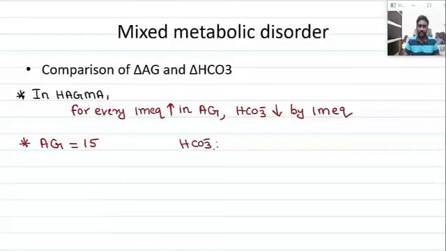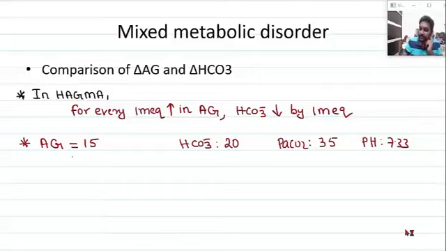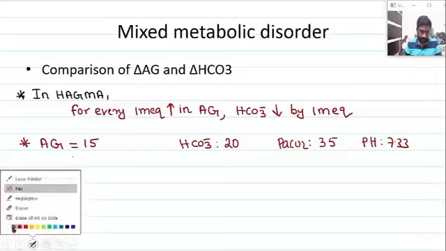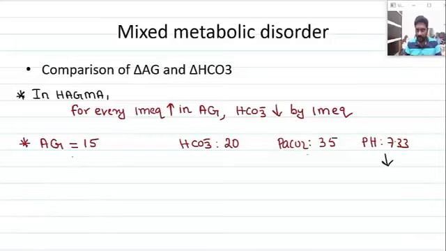let this be the given set of ABG. So patient's pH 7.33, PaCO2 35, bicarbonate 20, and anion gap is 15. So if you see this, very simple. So pH has decreased, CO2 has decreased, bicarbonate has decreased.